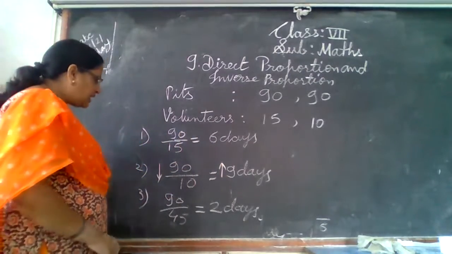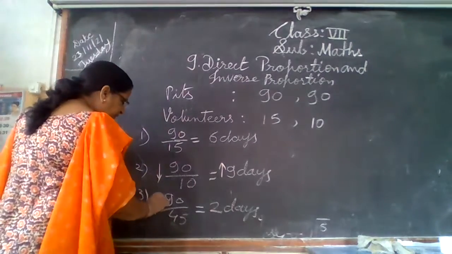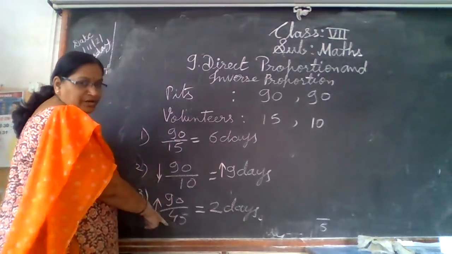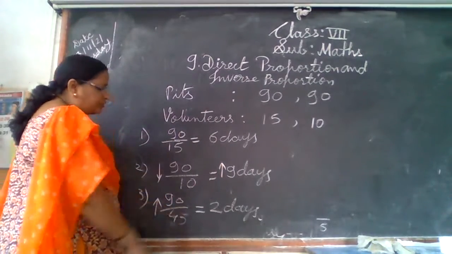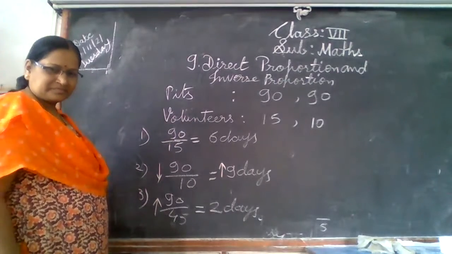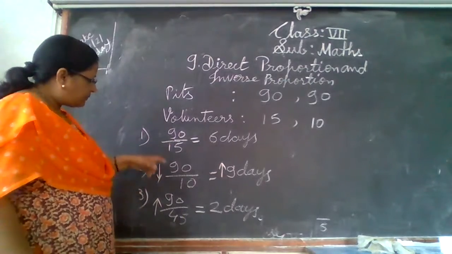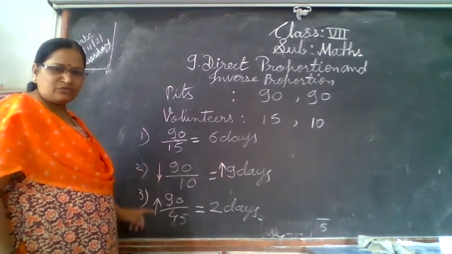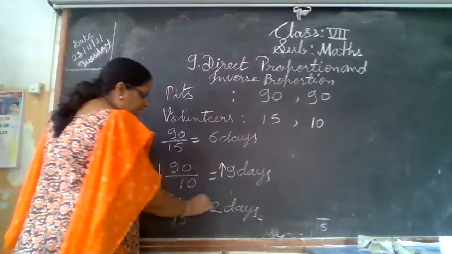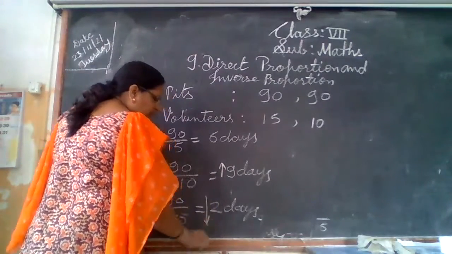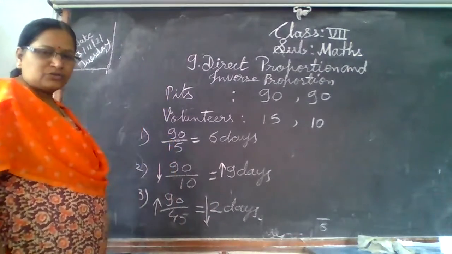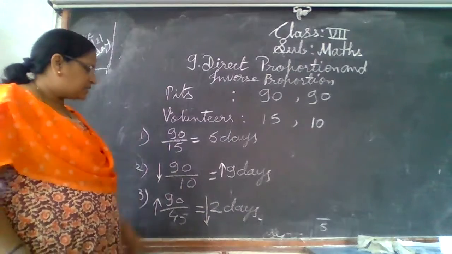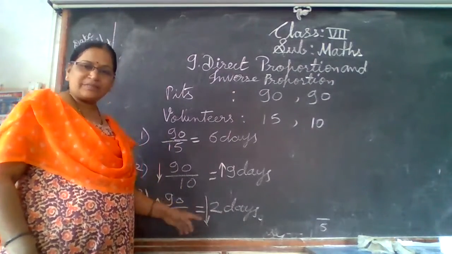Now see children, here I am increasing the number of volunteers from 15 to 45. The days required to dig these 90 pits decrease.